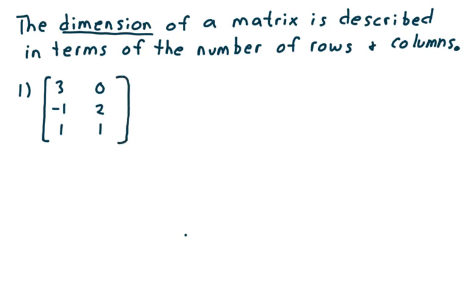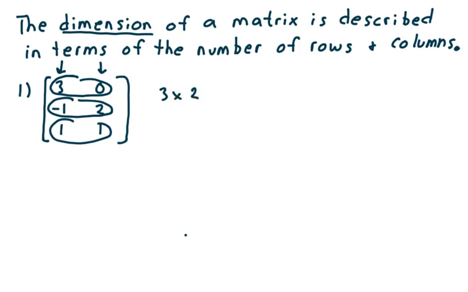And I want you to notice we have 1, 2, 3 rows, and then we have 1, 2 columns. So this here is a 3 by 2 matrix. That's the size of the matrix, or the dimension of the matrix.